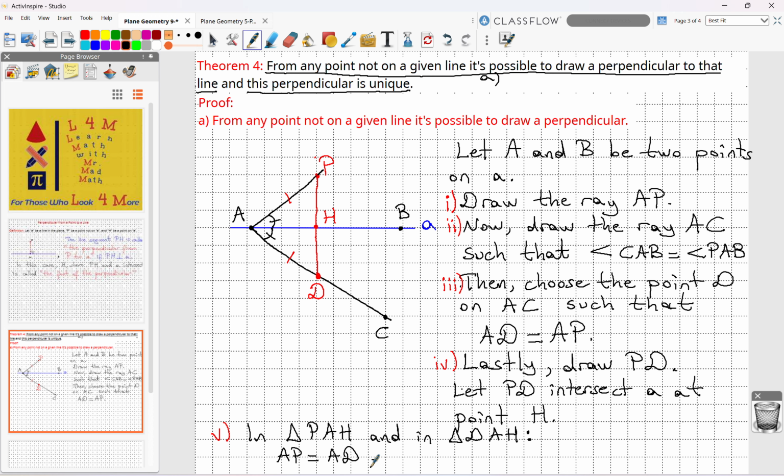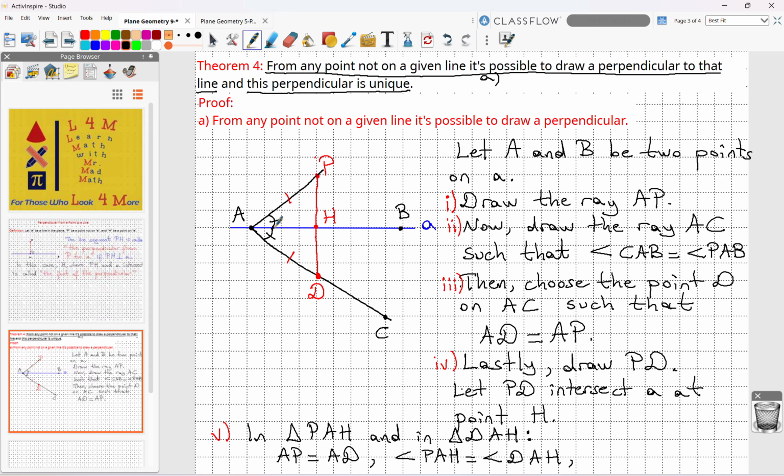What else do I see? I see that angle PAH in the first triangle is equal to the angle DAH in the second triangle. So angle PAH equals angle DAH.